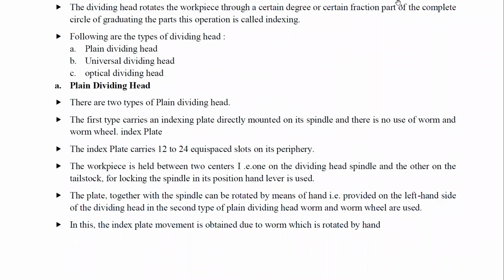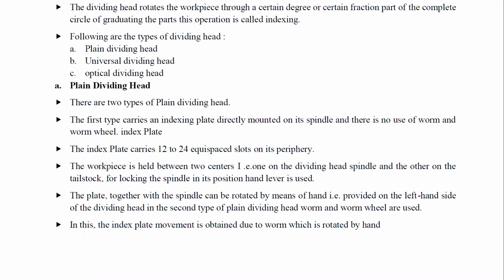Now the plain dividing head. There are two types of plain dividing head. The first type carries an indexing plate directly mounted on its spindle, and there is no use of worm and worm wheel. The index plate carries 12 to 24 equivalent slots on its periphery.